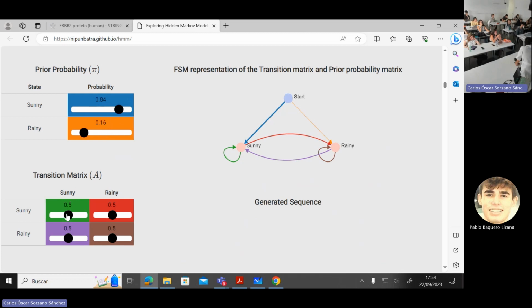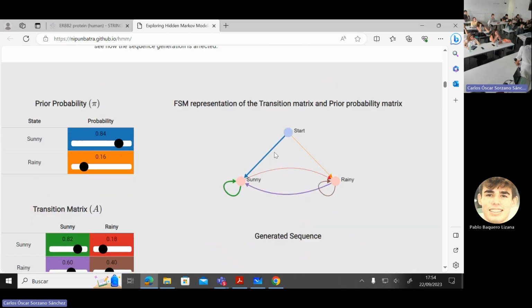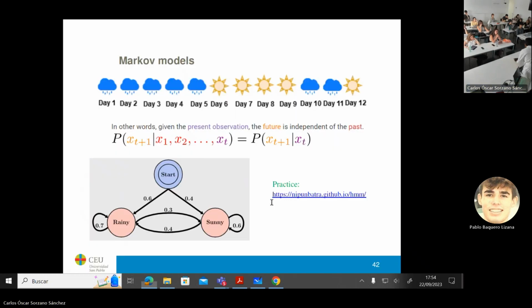And then if today is sunny, the probability of tomorrow being sunny is also quite high. If today is rainy, the probability of tomorrow being rainy, let's say this one. And then you can simulate. So you start and then you go sunny, sunny, sunny, and rainy. Okay, so you are going randomly along these states. Nice model.